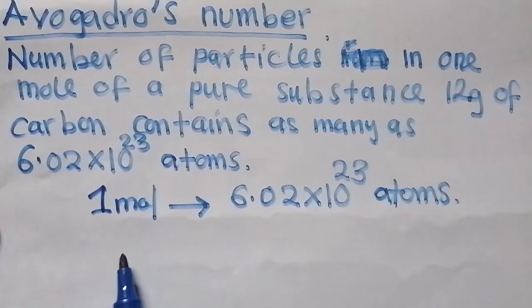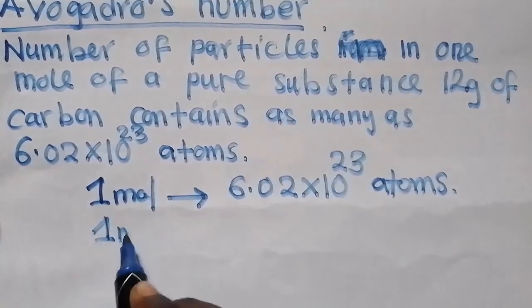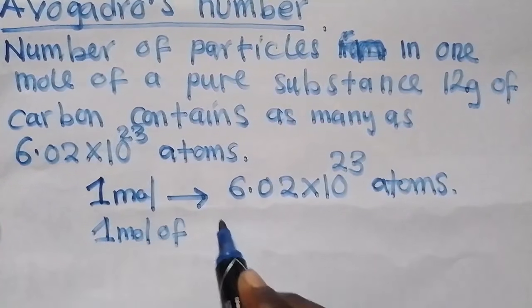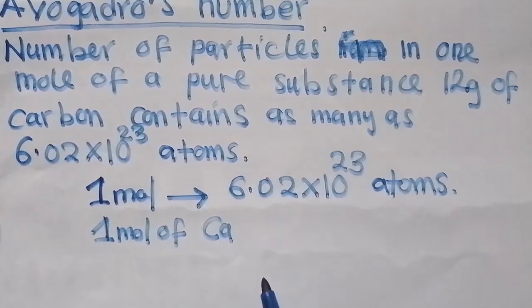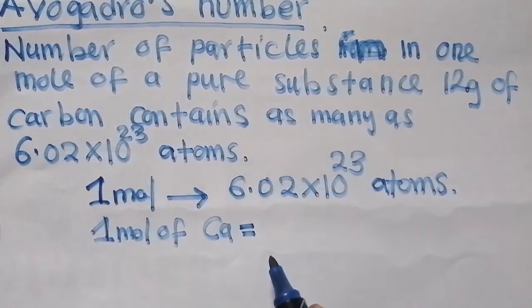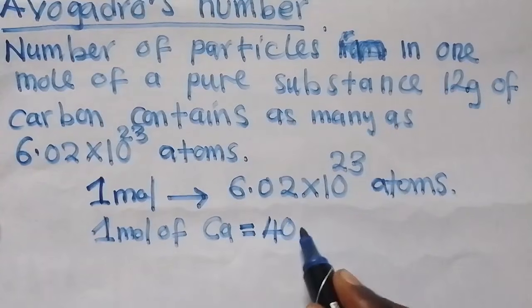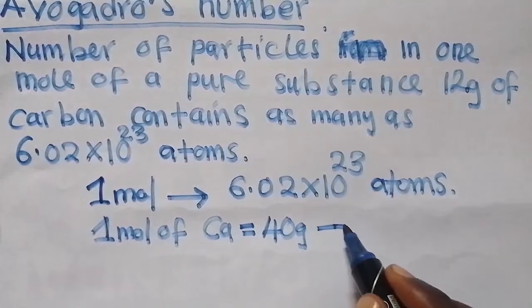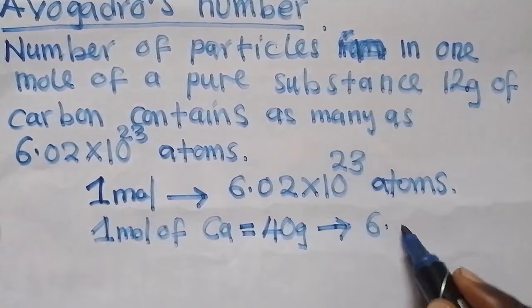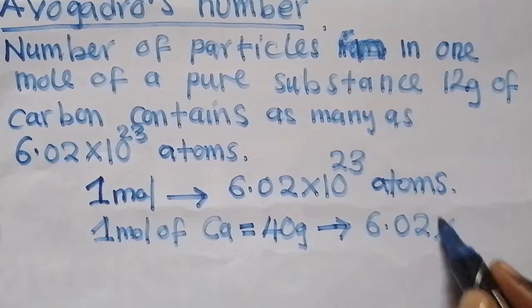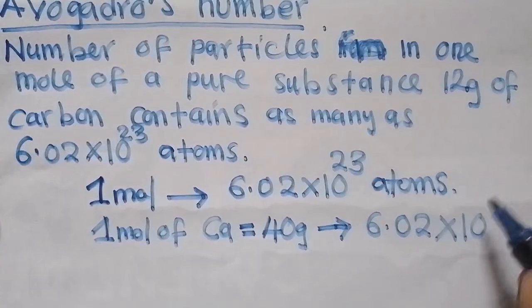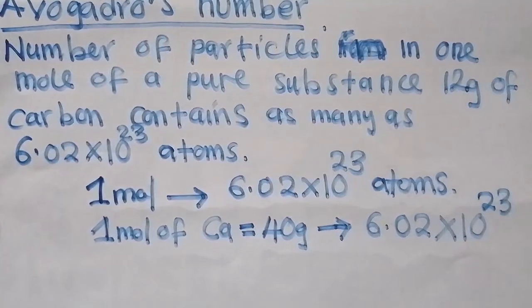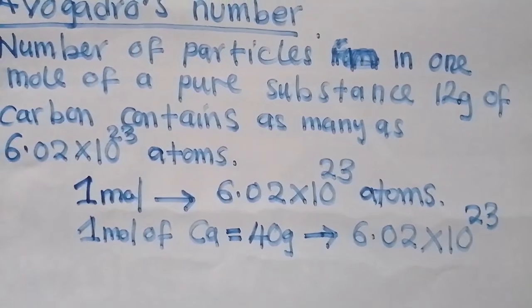So when I say 1 mole of calcium, it has a mass of 40 grams. This mass number is equivalent to 6.02 times 10 to the power 23. This is what you need to know and understand.